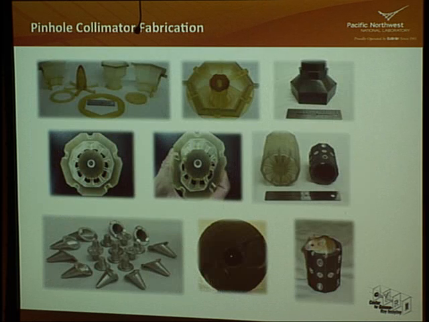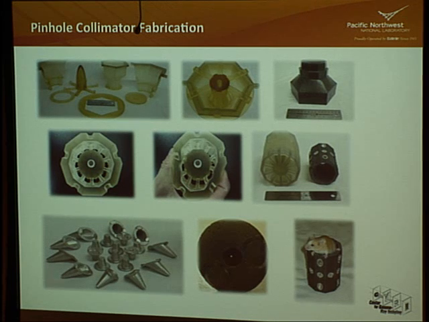Here's an image of a fabrication procedure we came up with for making tungsten composite apertures. The idea is that you can print a mold, mix tungsten powder with an epoxy, pour that into the mold, and cast relatively high density imaging apertures.